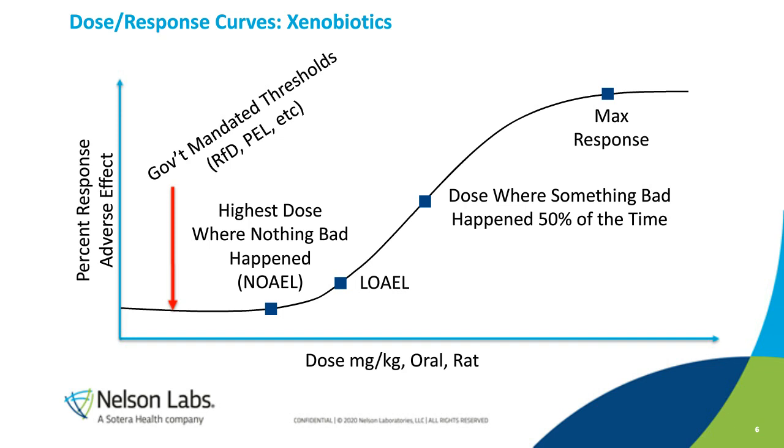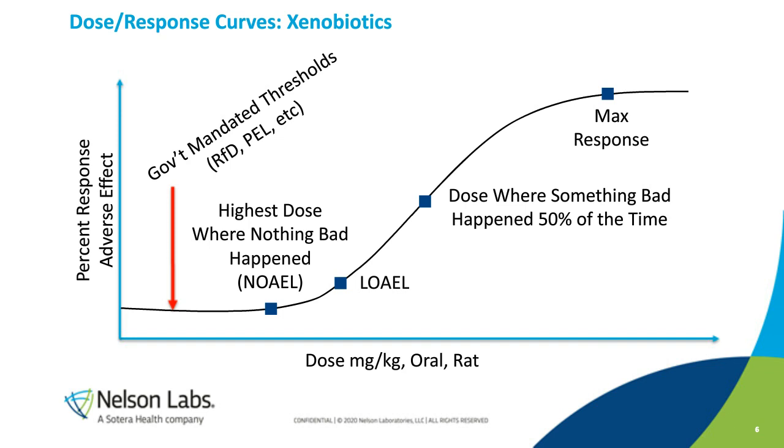These are really based on NOAELs and LOAELs published in the literature, but then government toxicologists have reviewed those and, using uncertainty factors, set these thresholds. So we'll often use government mandated thresholds as well. Okay, so that's a super fast introduction to toxicology.